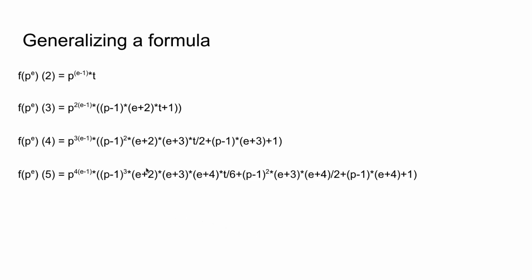Instead of writing e plus 2 times e plus 3 times e plus 4 here, I'm going to write e plus 4 factorial divided by e plus 1 factorial, which equates to the same thing. You also see there's some terms divided by 6, some terms divided by 2.